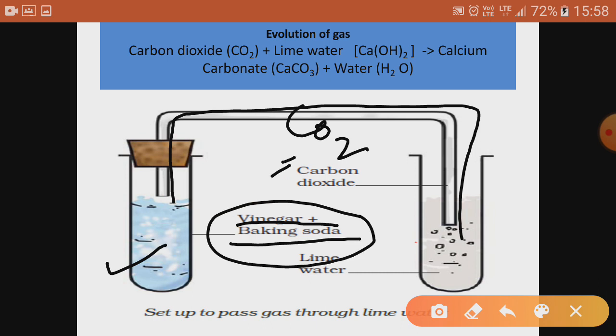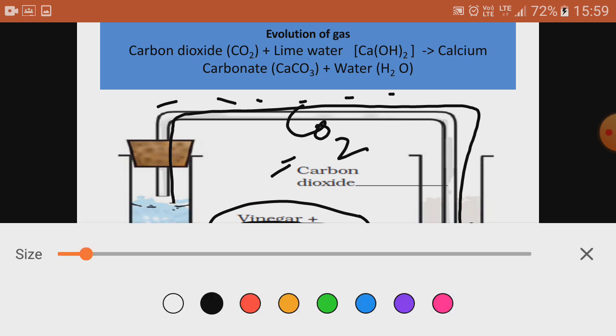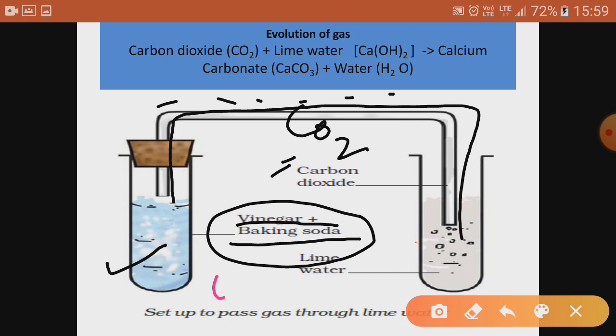So CO2 will be passed with the help of a delivery tube, also called a U-bent tube. It will be passed to this test tube.